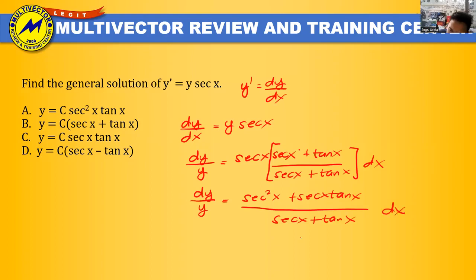Okay, so for this, yung right side natin, let u is equals to second x plus tangent x. Therefore, the du is derivative ng second x is second x tangent x, and derivative naman ng tangent x is second square x.